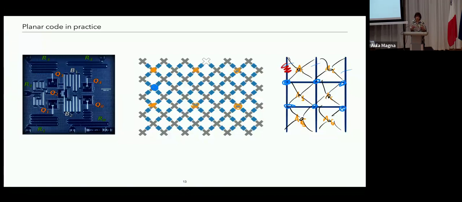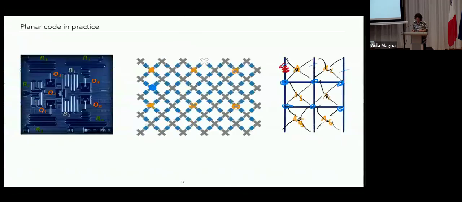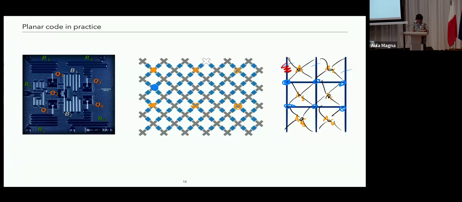So people are trying to do other things. It was just an example to justify the love for the planar code. It's not by chance that Philip talked about the planar code, and I'm talking about the planar code. I think every error correction talk you're going to hear is, in a way or another, about the planar code.